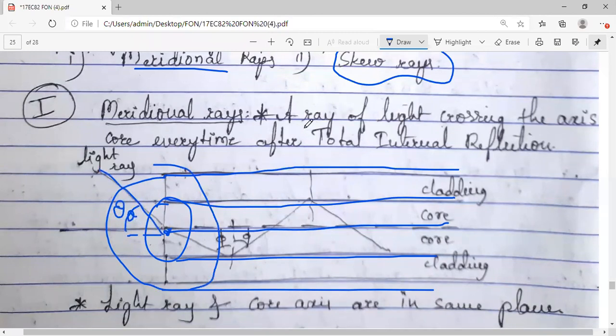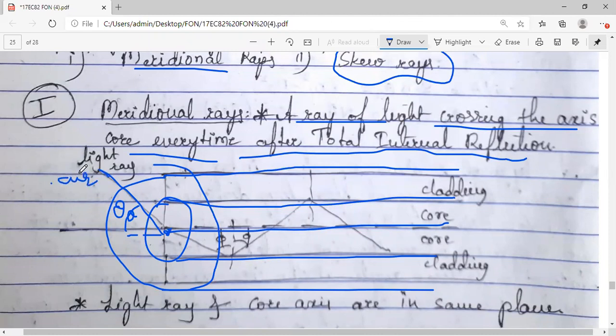Meridional rays: a ray of light crossing the core axis every time after total internal reflection. What do you mean by this? A ray enters from air, whenever we use an optical source to produce this light.